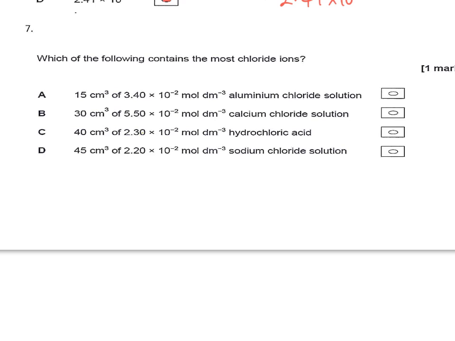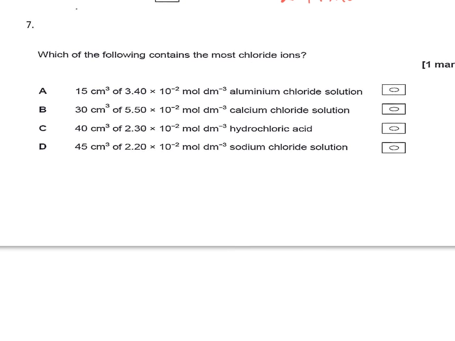Okay, quite a little bit of work needed for this last one. So the first thing to do is aluminium chloride. We know aluminium forms a 3 plus ion, so the formula must be AlCl3. We can work out how many ions we have by first working out the moles.